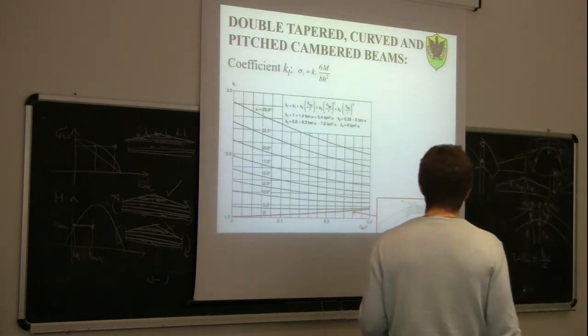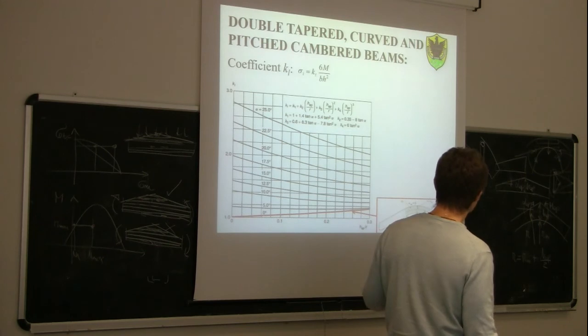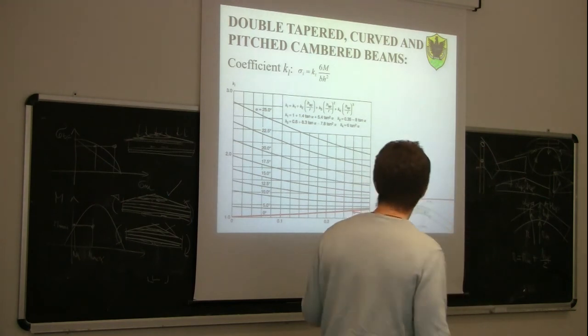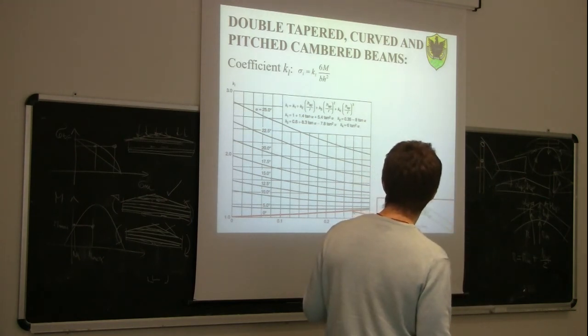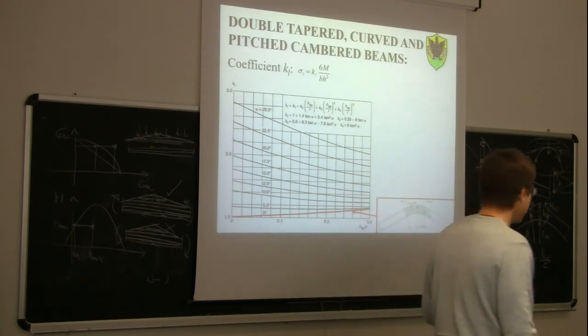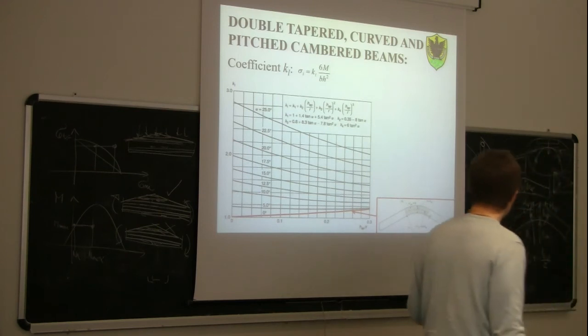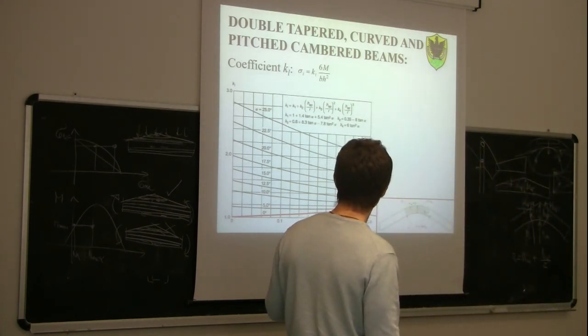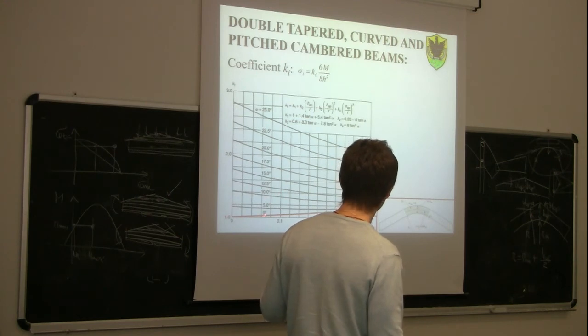So if we consider, for example, just a curved beam, since this is not tapered, alpha ap is equal to 0. So the corresponding curve is given by this red curve here.